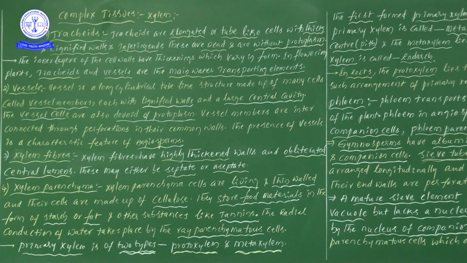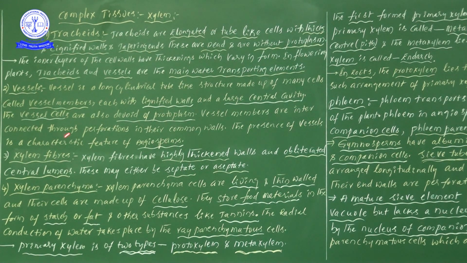In comparison of tracheids and vessels, if they ask which one is more developed, we can say the later one, the second one, is more developed than the previous one. So in tracheids and vessels, the more developed one is vessels.